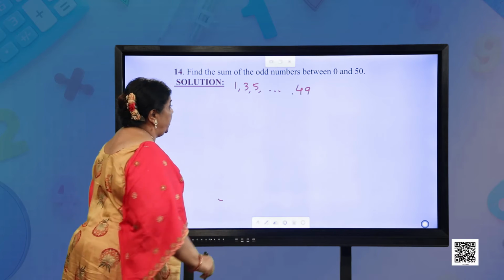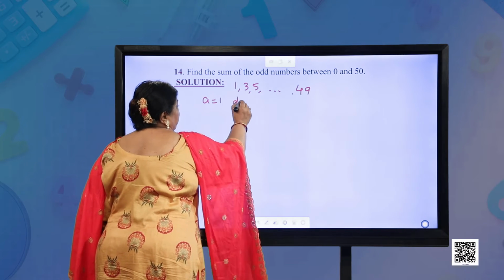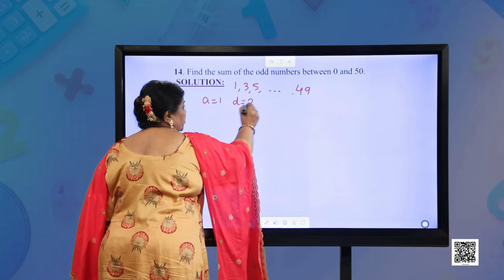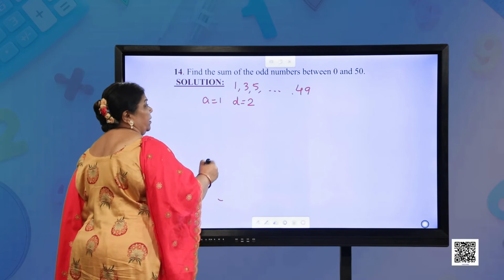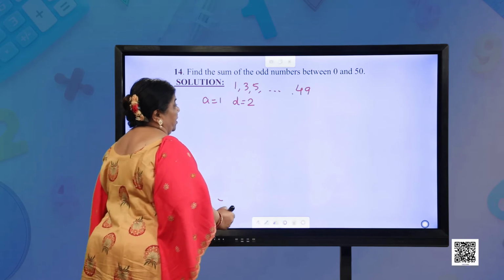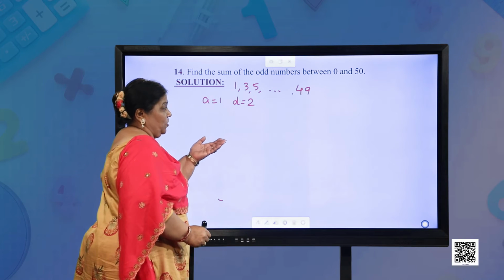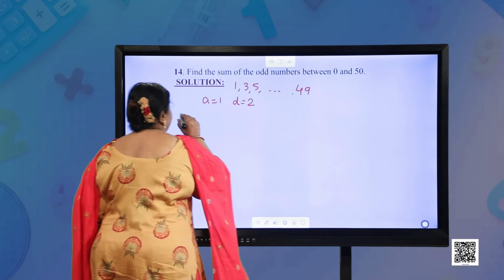49, alright. So, A is 1 and D is 3 minus 1, it is 2, and I need to find the sum of, now to find out n, if we use common sense, it gives us 25, but let us just calculate using the nth term.